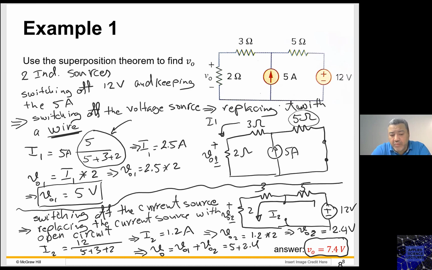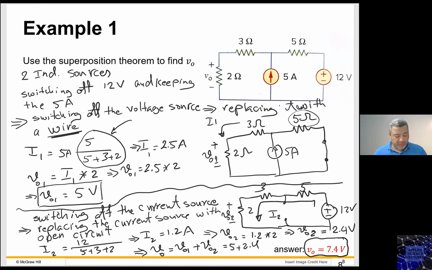So applying Ohm's law would be the total voltage divided by the total resistance, which is the summation of those resistances, 5, 3, and 2 equals 10, right? Is this clear? Yes. Okay. Any other questions before moving on to the next question?